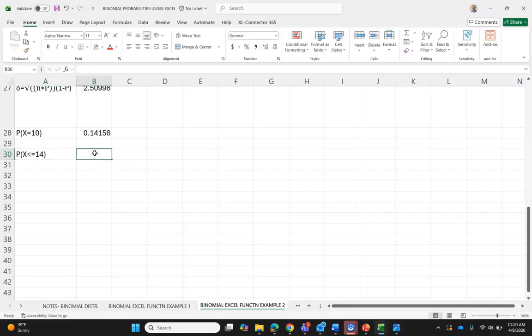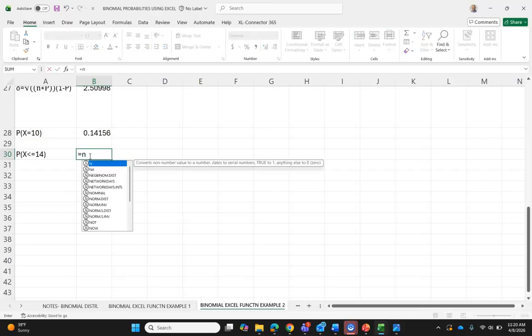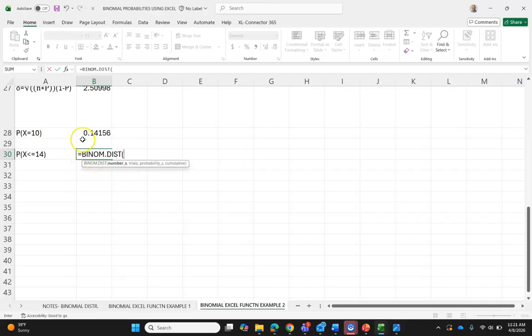So in this case, we'll just use the binomial distribution because this is the probability of at most, which satisfies the requirements. We're going to put equal sign and type binomial distribution. In this case, we're going to put 14 and then a comma.